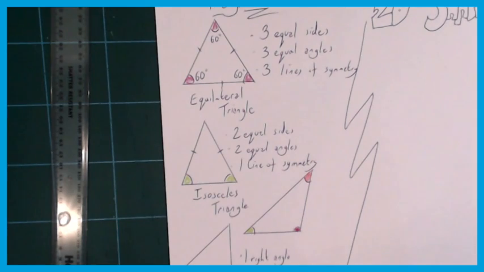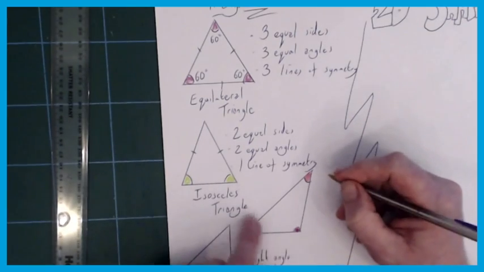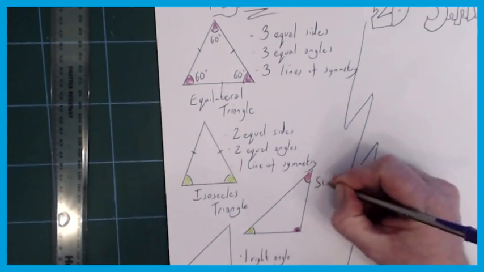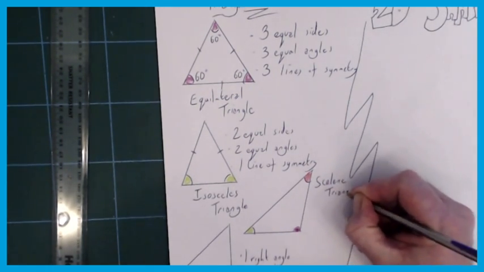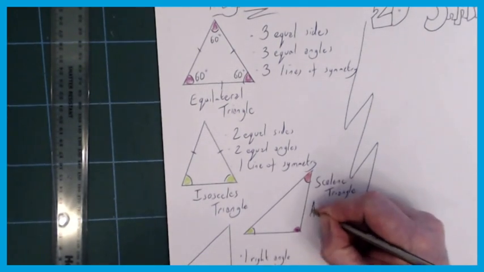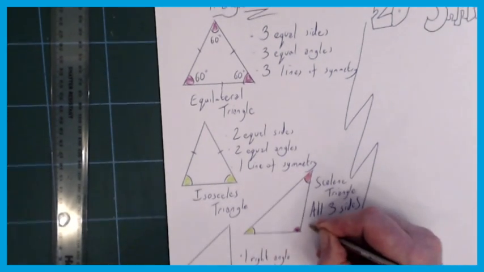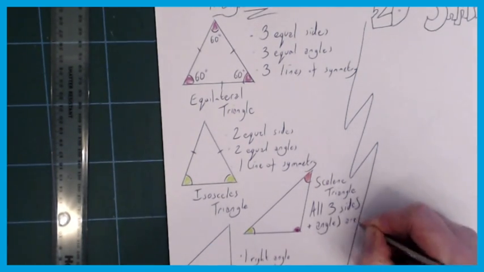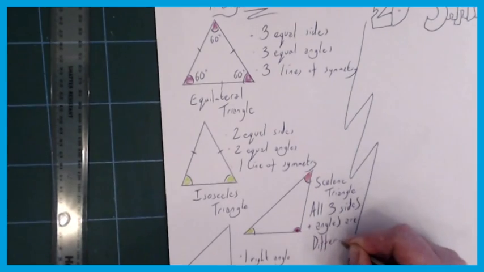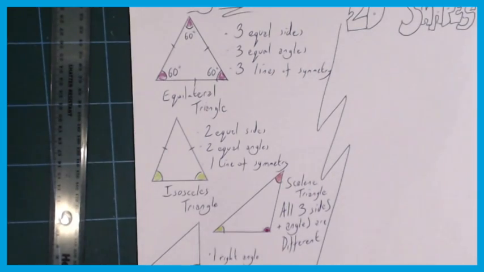So all three angles are different, and all three sides are different, and this is called a scalene triangle. All three sides and angles are different. So that's the properties of triangles on this side, and we're going to look at quadrilaterals.